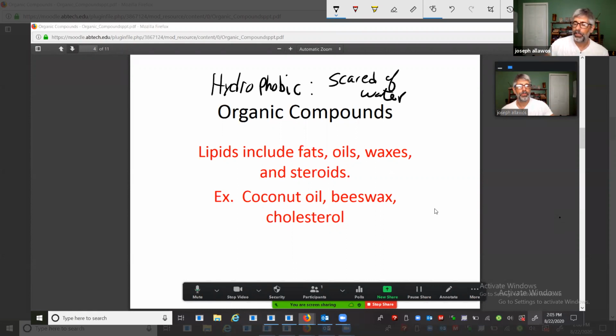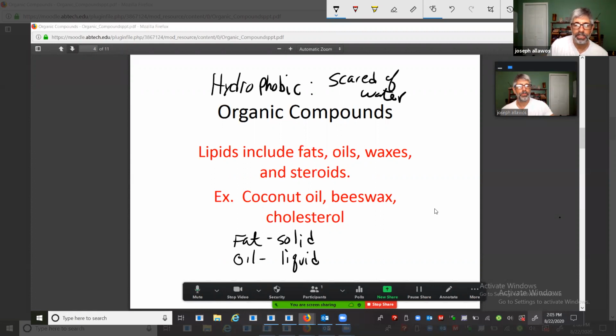Here's the thing. What's the difference between a fat and an oil? Structurally, not much. Sort of arbitrarily, a fat is solid at room temperature, and an oil is liquid. So I have coconut oil here, which is what you call it, but realistically, it's coconut fat, right?